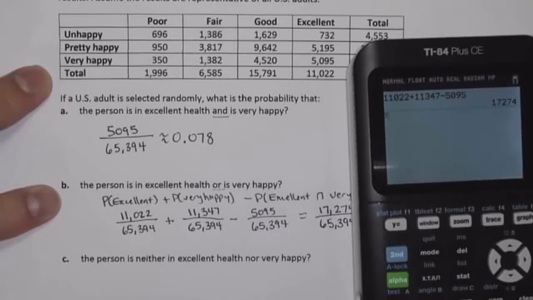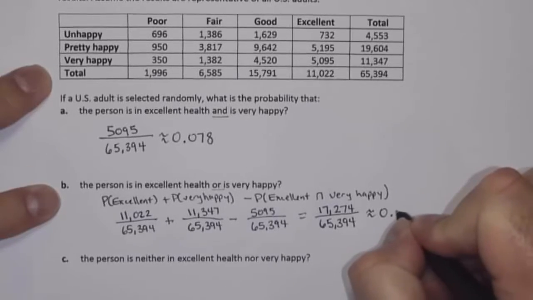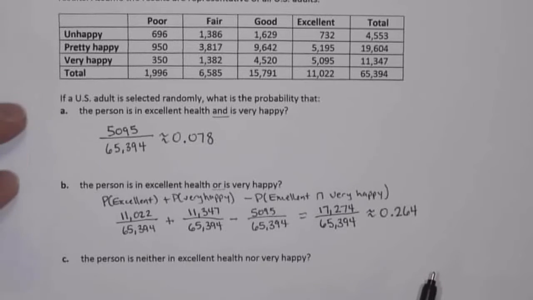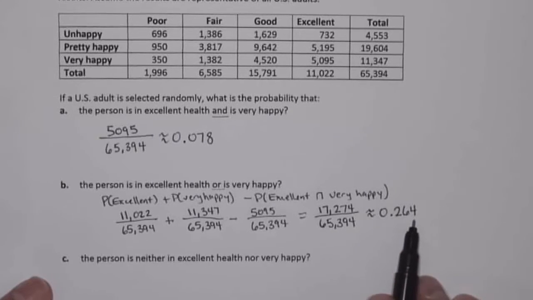So if I take that 17,274 and divide by 65,394, that is about 0.264. So if I randomly select a U.S. adult, there's about a 26.4% chance that that individual is in excellent health or is very happy.